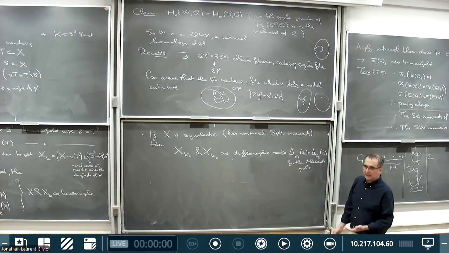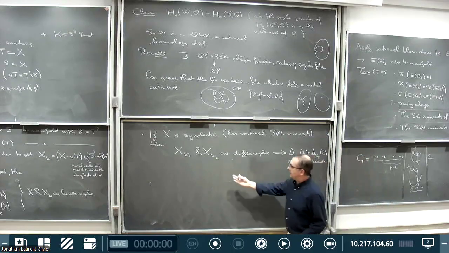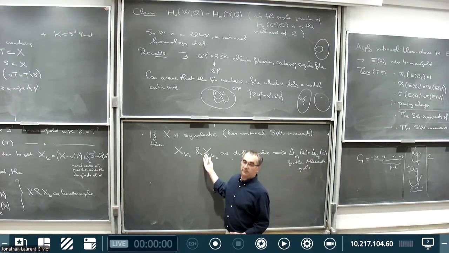Said differently, if you have two knots with distinct Alexander polynomials, then the two four-manifolds cannot be diffeomorphic.